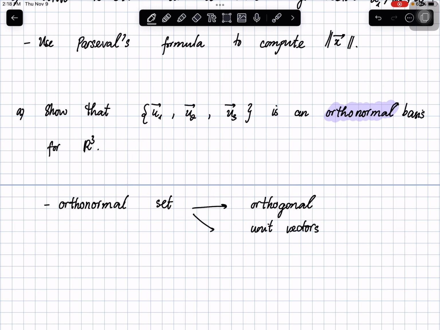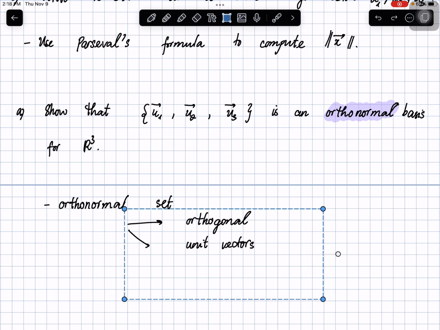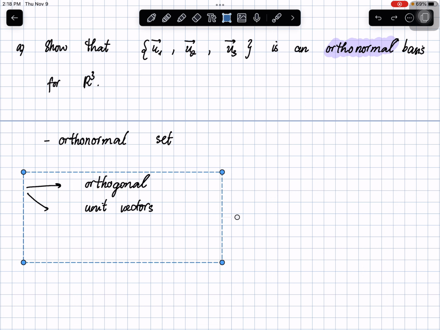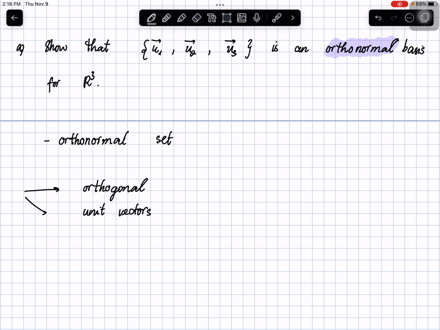For the first condition, orthogonality, we need to check that the inner products of ui and uj equal 0 for i different from j.